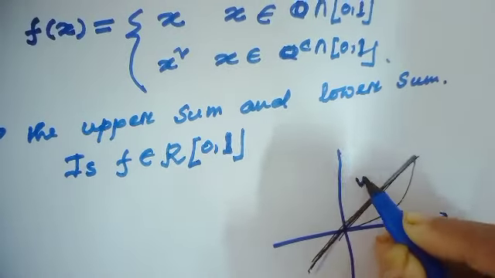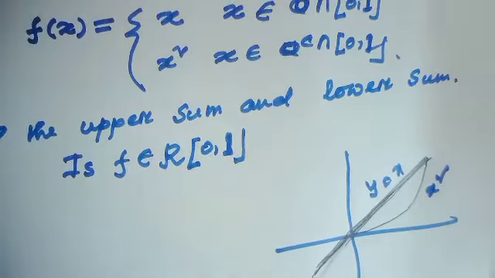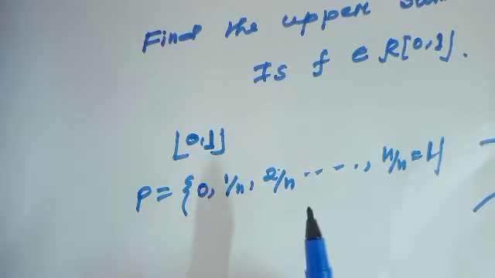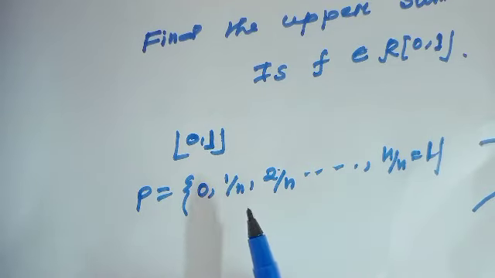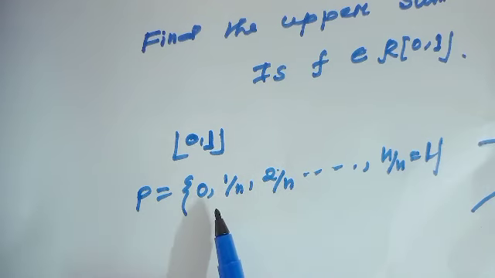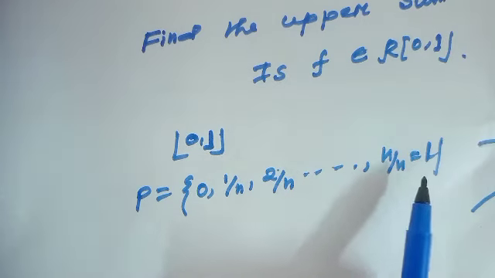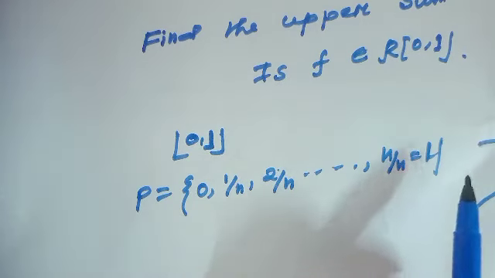Here y equal to x is the line and this is the x square graph. To find the Riemann integrability, at first we have to partition the closed interval 0, 1. I have partitioned it as 0, 1 over n, 2 over n, up to n over n equal to 1.